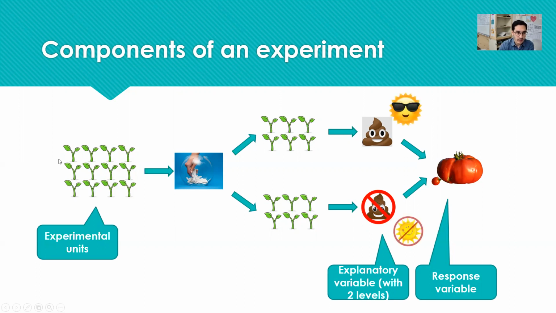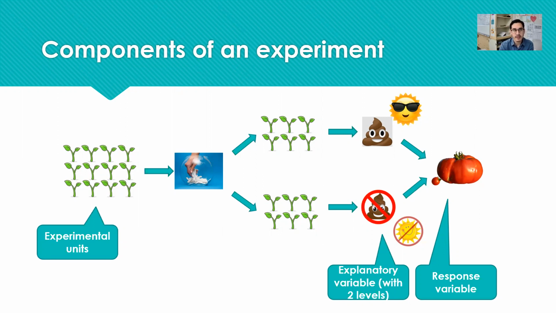And then we also need to consider that there might be other things happening that we did not originally plan for. Maybe when we designed this experiment, in the greenhouse, we placed the fertilized plants on an east-facing side and the unfertilized plants on a west-facing side. So unbeknownst to us at the beginning of the experiment, maybe those fertilized plants got more sun than the unfertilized plants.